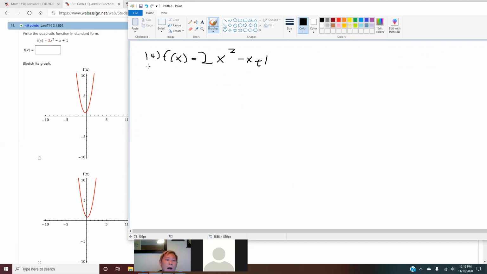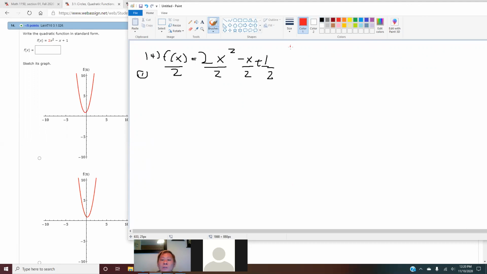All right, so the first method we use is the completing the square method. Because we have a 2 in here, we have to divide everything by 2 so that your x squared gets a coefficient of 1. This is very important, and that's your first step.